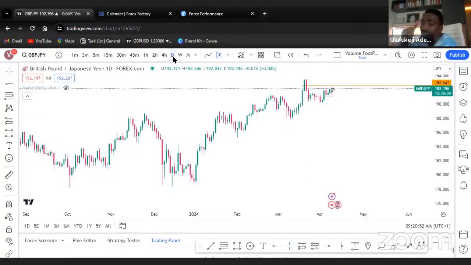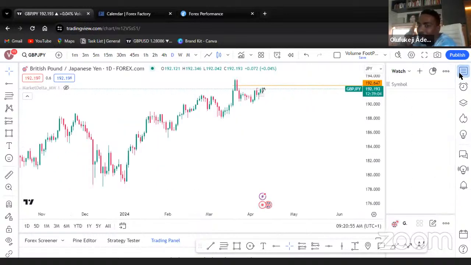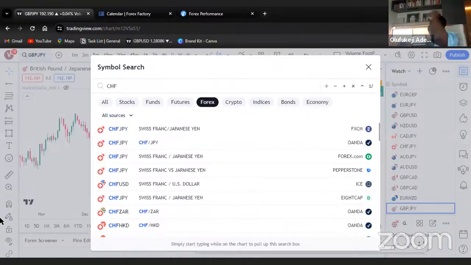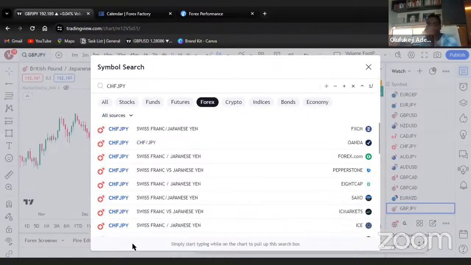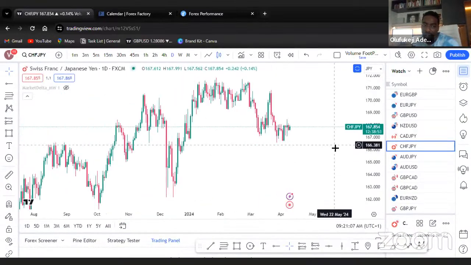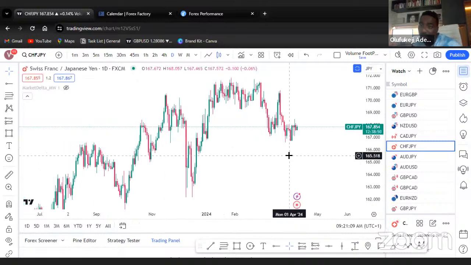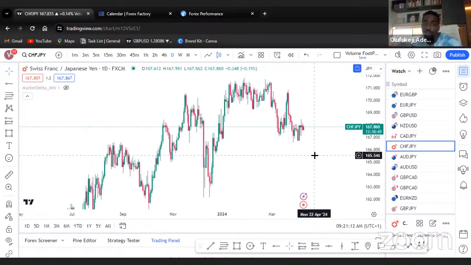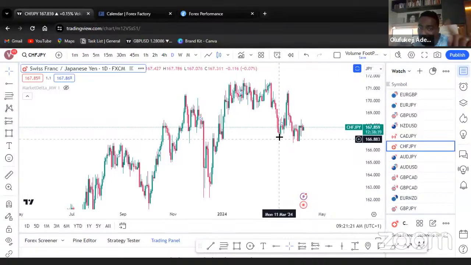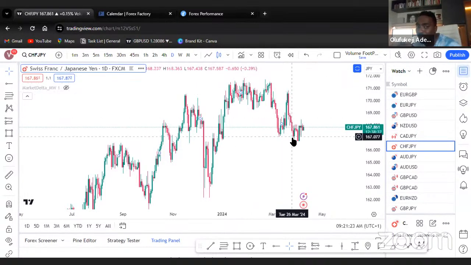If you notice, CHF JPY has already started coming down. It's the other yen pairs that have not started coming down. CHF JPY has already formed its own high since. You see CHF JPY has done its own shoulder, sweep, accumulation, return to that fair value gap, and then it's now collapsing downwards.